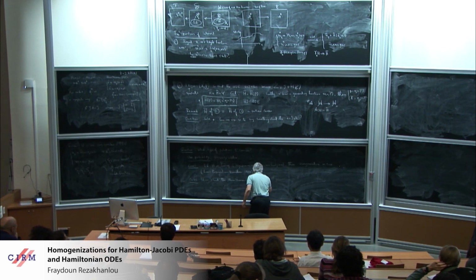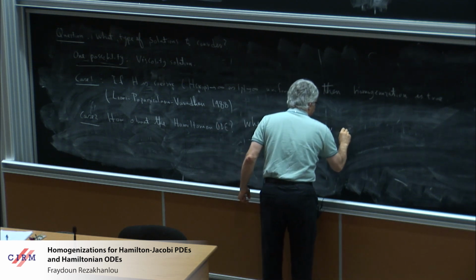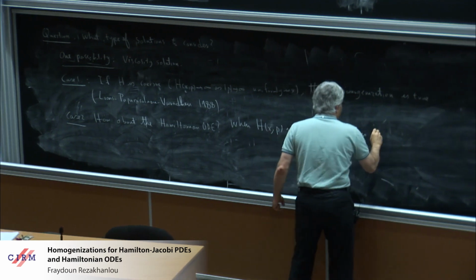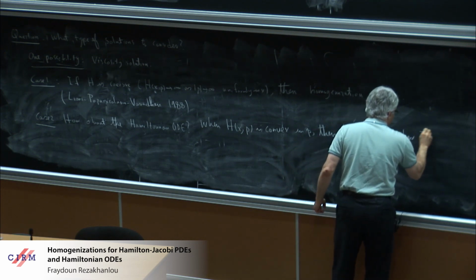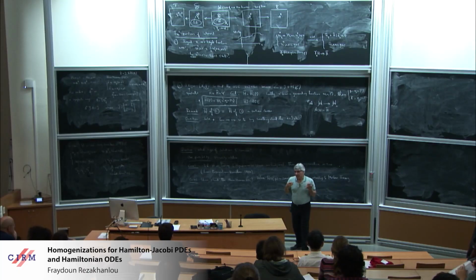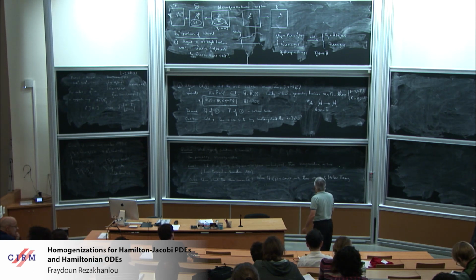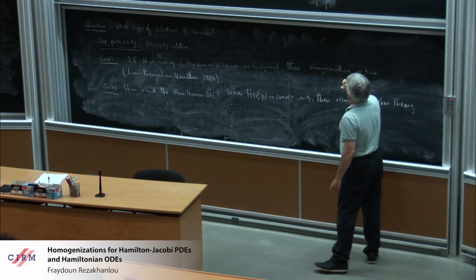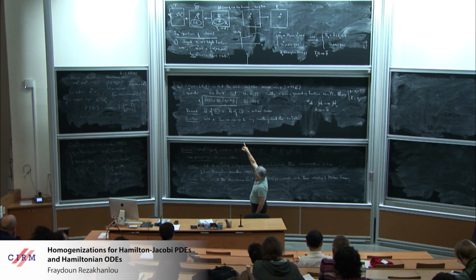So when H is convex in P, then according to Mather theory, which is formulated in terms of the Lagrangian formulation for Hamiltonian ODEs, and if H is convex in momentum you can also formulate the Lagrangian description of your ODE, and using variational techniques, Mather theory would basically build an invariant measure for the Hamiltonian ODE for which the support is given by the graph of that function, the function that comes from the solution.